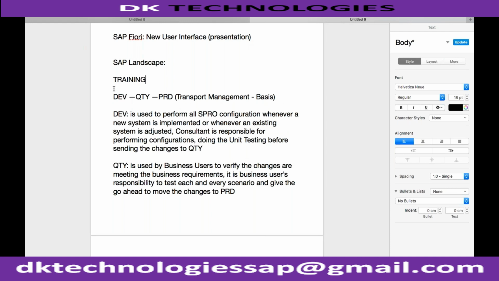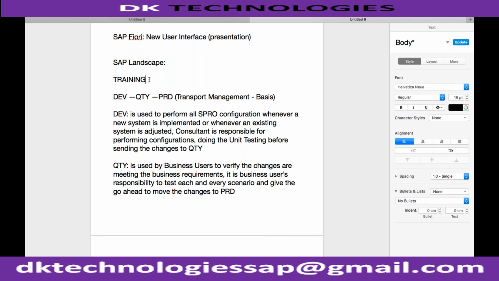If you want to provide training to your business users, although you can conduct that training in the quality system also, some customers will say, no, I don't want to touch my development, quality, and production for the training. So they will create a separate training system. This will be a fourth system, but it will not be in this sequence. The sequence would be development, quality, and production. This would be an independent system.